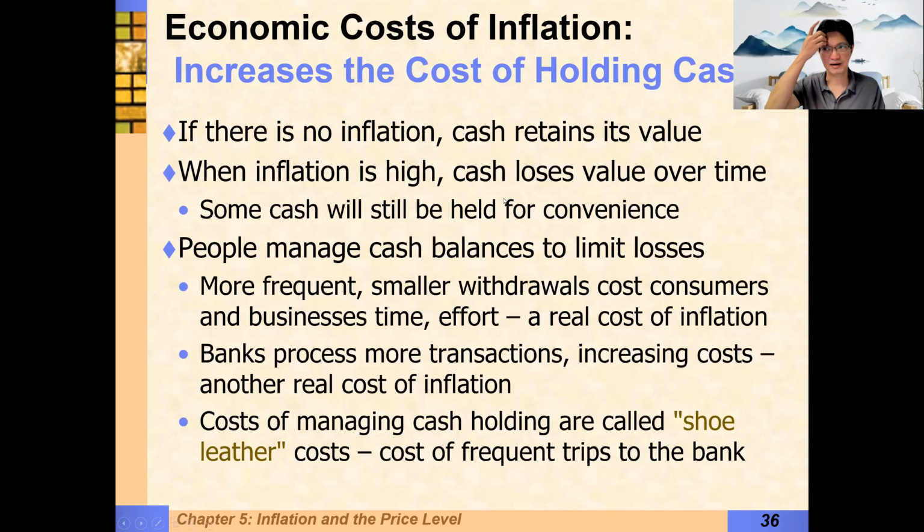Another problem with inflation is that cash holdings, money in the bank, are very useful. They're useful in that you want to use them to smooth out your consumption. You want something there. Imagine this before people used WeChat and Alipay, but imagine a cash economy.